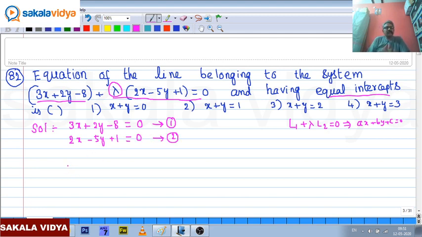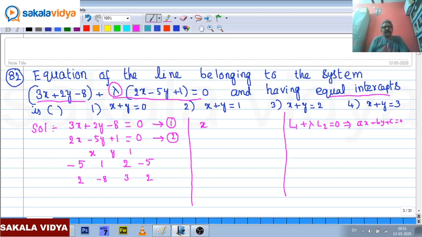So you can write like this: minus 5, 1, 2, minus 5, 2, minus 8, 3, 2 and x, y, 1. This method is called cross multiplication method.